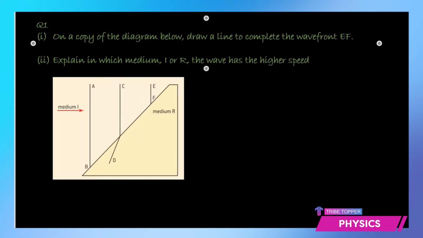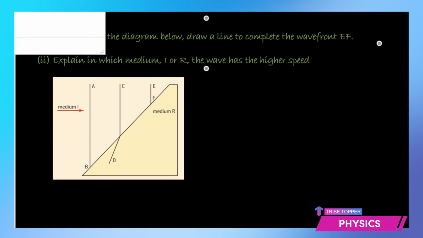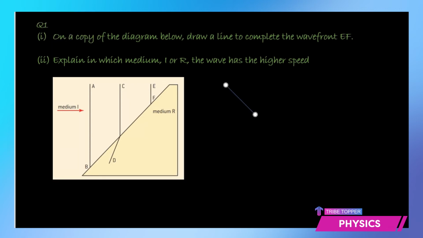Now they say, on a copy of the diagram below, draw a line to complete the wavefront. To draw that line, we just have to take a line parallel to the original wavefront that they have already shown, the one coming from CD. Just make sure this is parallel to the original one.